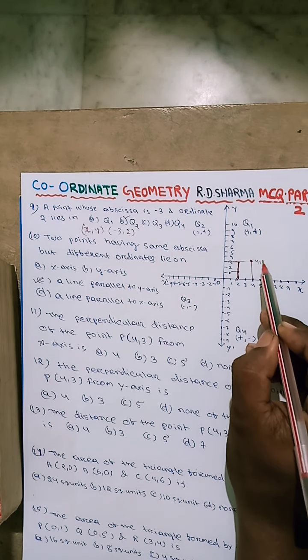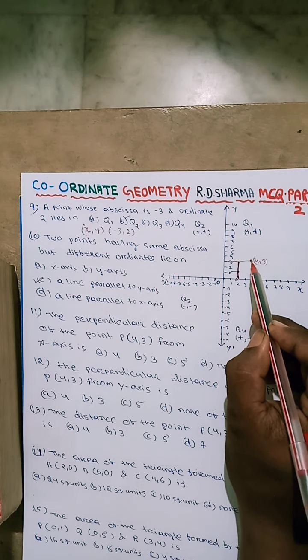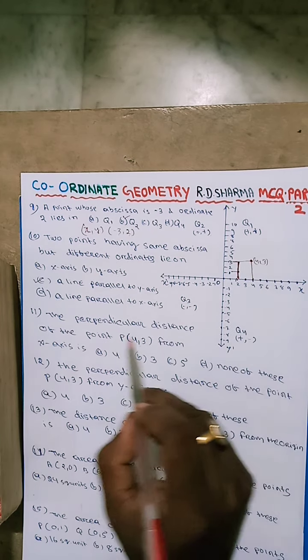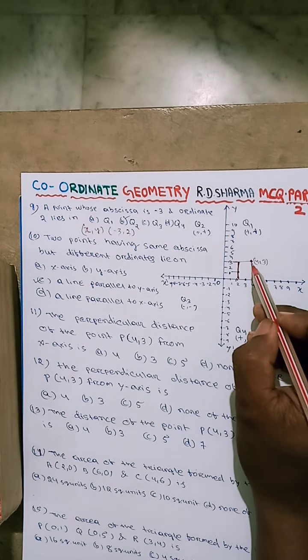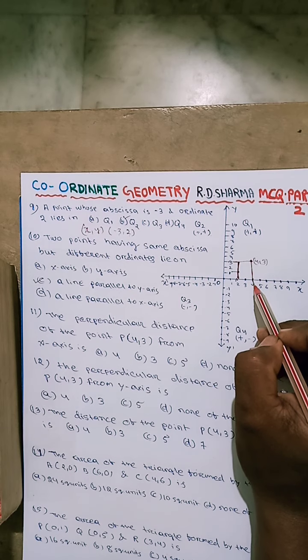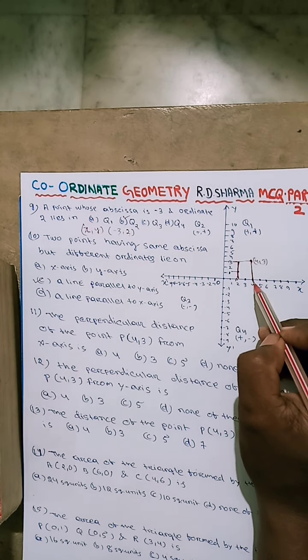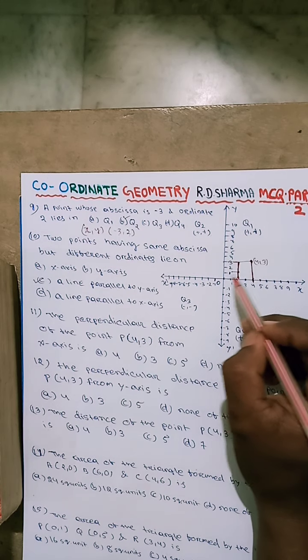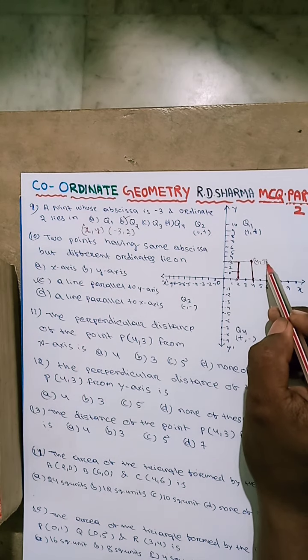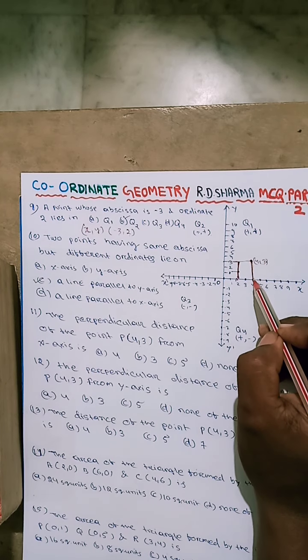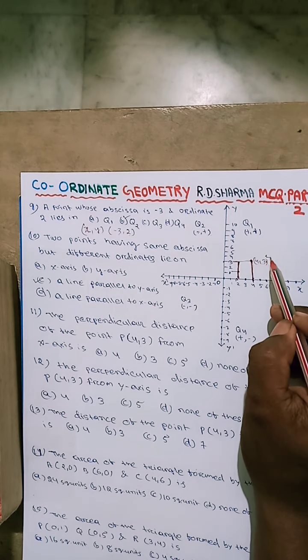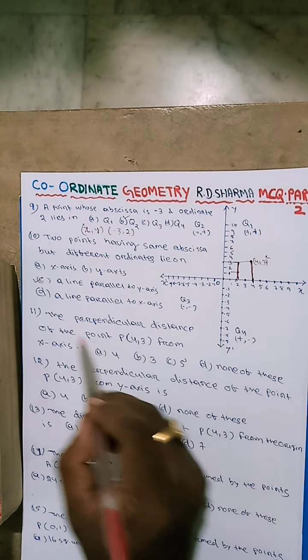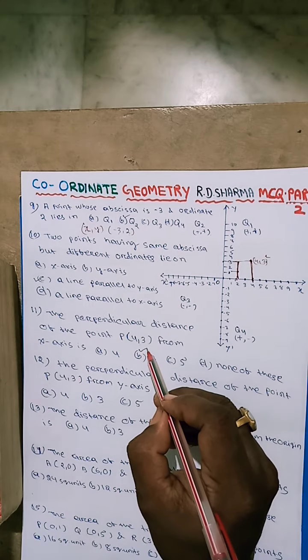This point is (4, 3). The perpendicular distance of the point from the x-axis is equal to the y value, that is 3. Perpendicular distance to the x-axis is equal to the ordinate. Ordinate means 3. So option B is right.